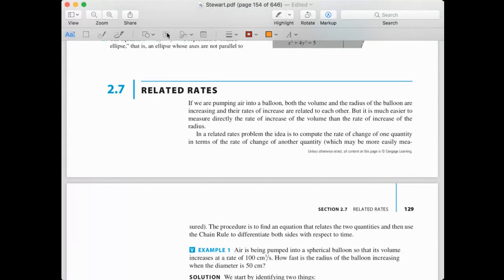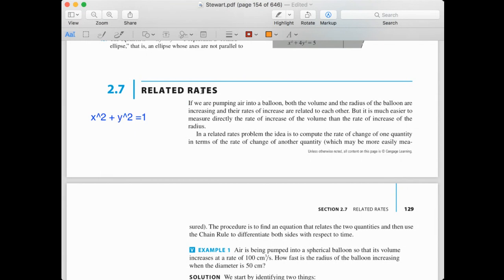Think about an equation for a circle: x squared plus y squared equals 1. Related rates means this: how does the change of one variable affect the change of another variable?